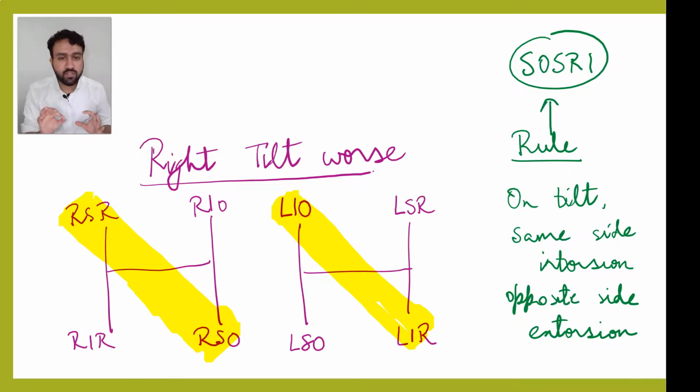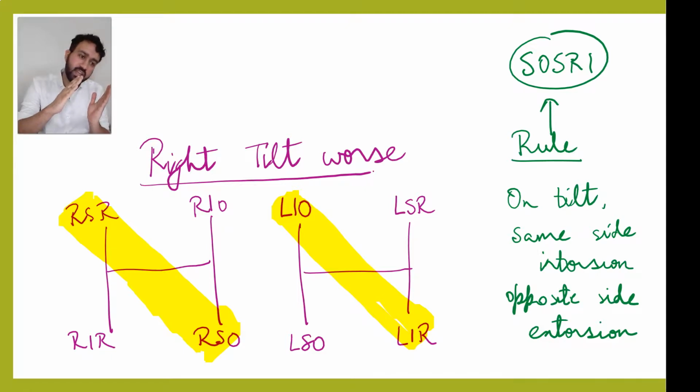The third piece of information, whether the diplopia or the hypertropia is worse in right tilt or left tilt. Okay. First you need to understand what happens when there is a head tilt. What is the basic movement occurring in a head tilt. Let's say this is a normal head, it turns to the right side, okay?